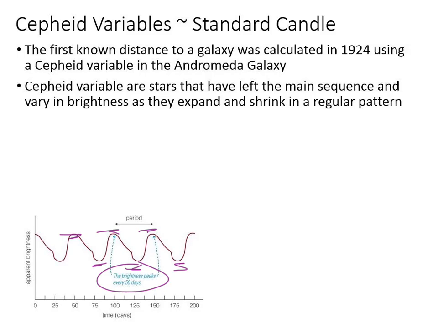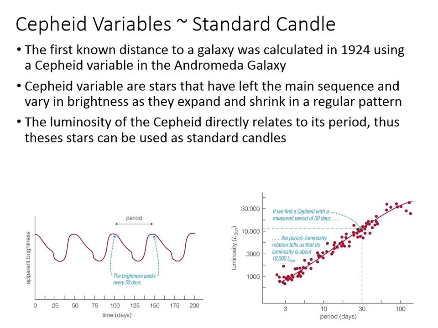The period, how long it takes to complete a cycle, is directly related to its luminosity. So we could pick out a period of 50 days. I'm bad at this one. 50 days might be about here.